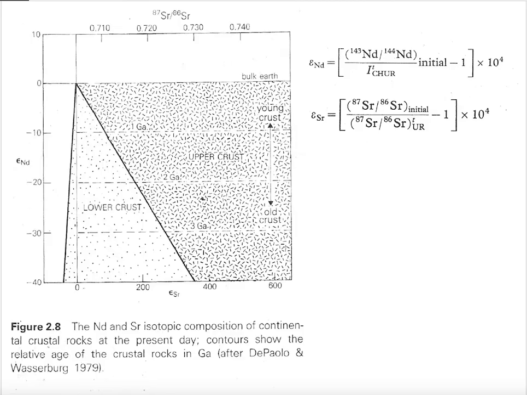Now we have another diagram with the epsilon neodymium and the epsilon strontium. We have two formulas.